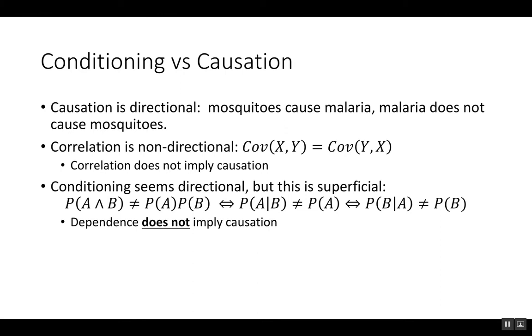So basically, if P(A given B) is not equal to P(A) times P(B), then both P(A given B) is not equal to P(A), and P(B given A) is not equal to P(B). So it's really not directional in the sense that we want, right? Whenever you have dependence, you have the conditional being unequal in both directions.